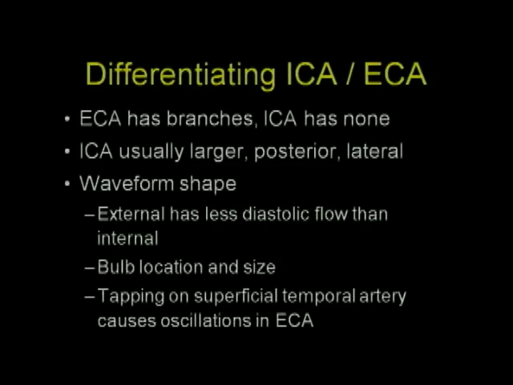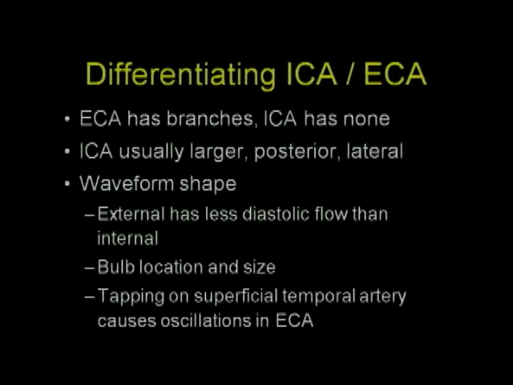The internal carotid artery is usually larger than the external carotid and is located posterior and lateral to that vessel. But the primary way that we differentiate the internal from the external really is based on the waveform shape. The external has less diastolic flow than the internal. Sometimes bulb location is useful.